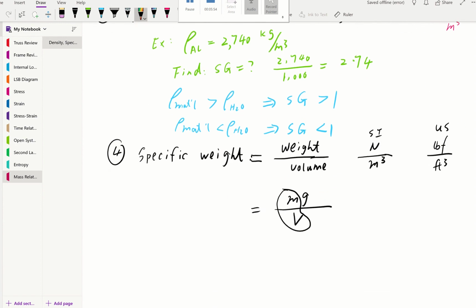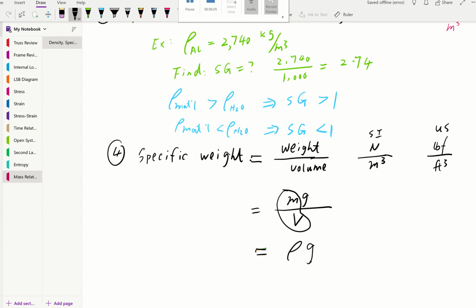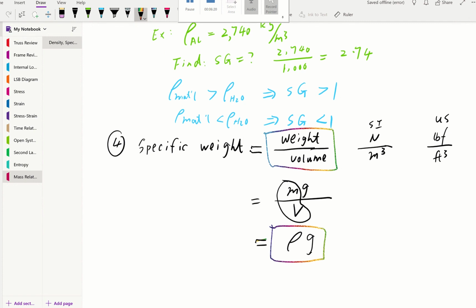It's our density. So the second expression for the specific weight is rho g. Let's highlight those two expressions: the original, weight over volume, or density times gravitational acceleration, rho g. Both of those work.